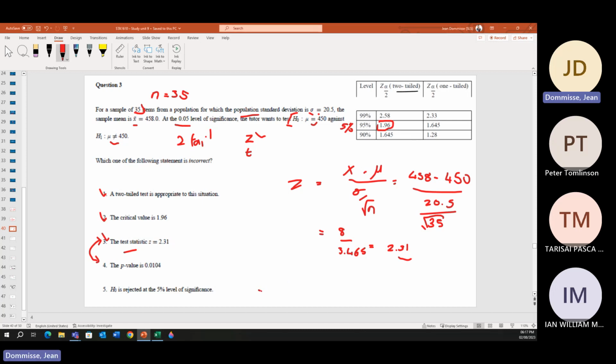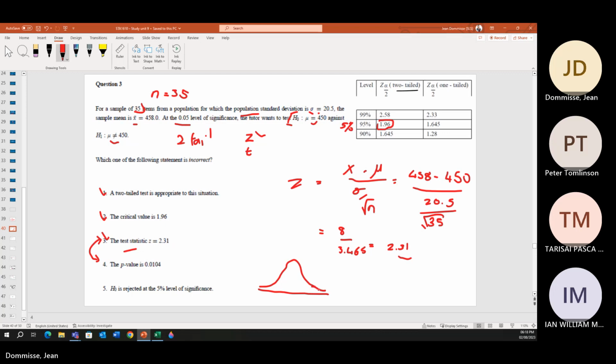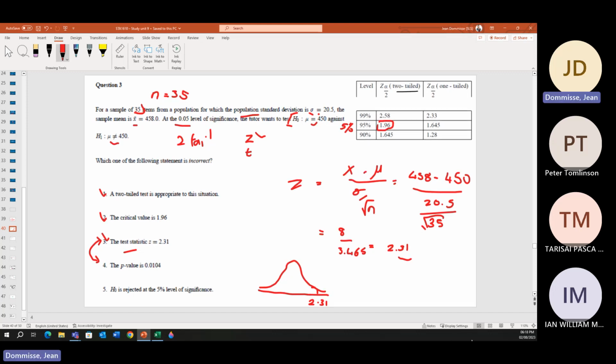Okay, so now the next step, we will need to find out what that value is, because we will need that to calculate your p-value.